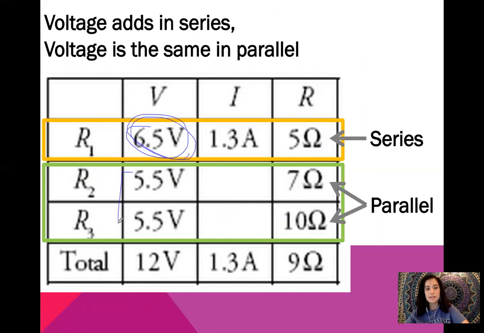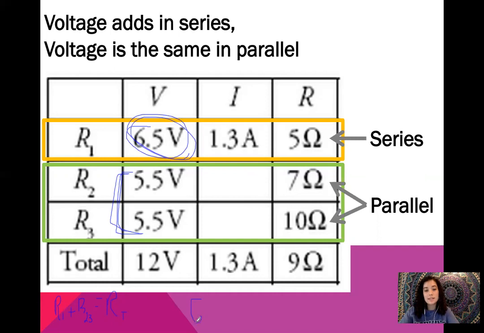Let's talk about where this comes from. For a second, remember, we're pretending that this is one resistor. This green box is just the one resistor. Remember that in a series circuit, our voltage adds up. So I've got V1 plus V 2, 3, because we're combining them, equals V total.